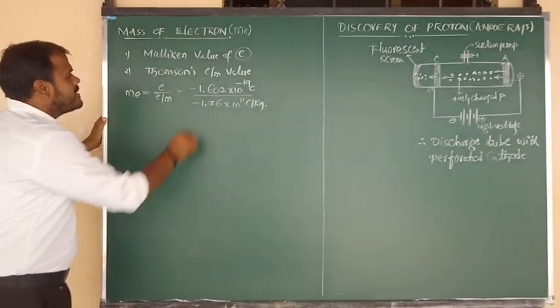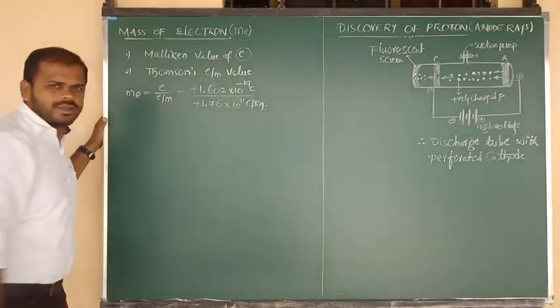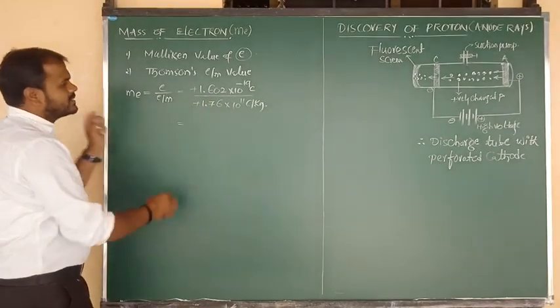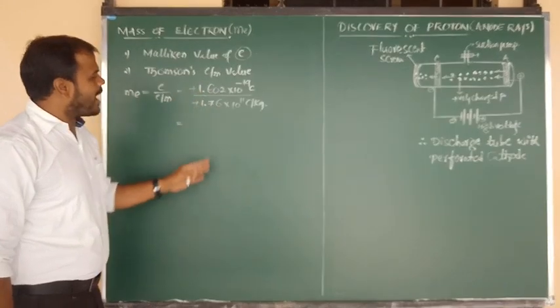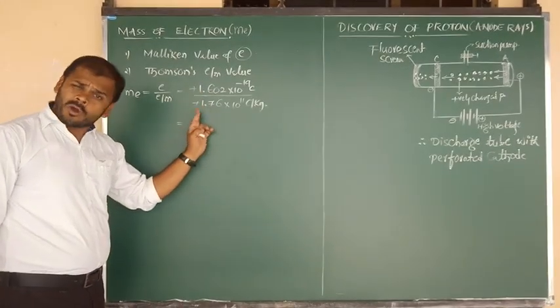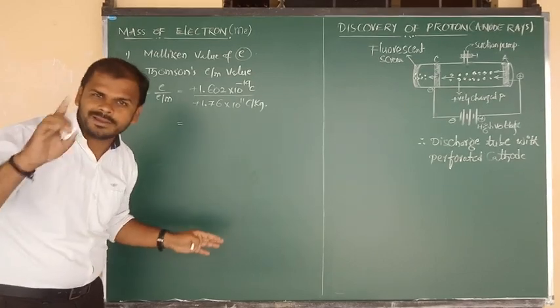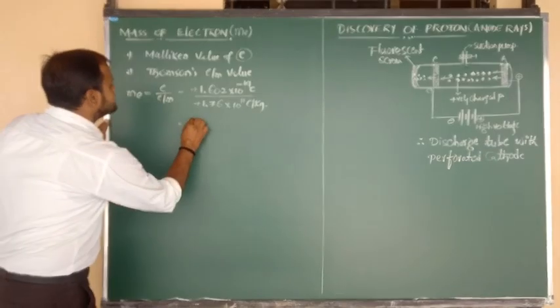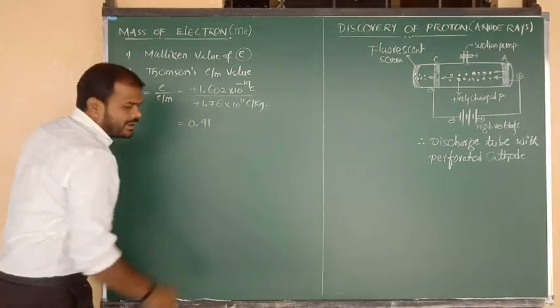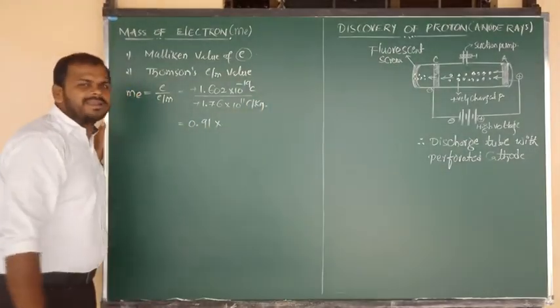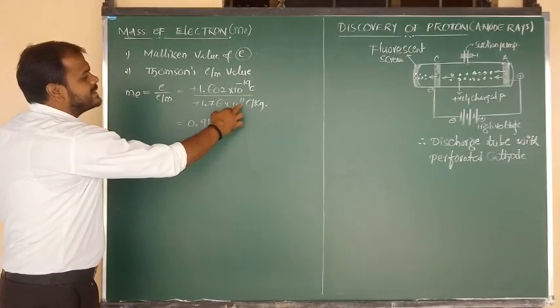Okay beta. Now the minus signs are going to be cancelled. Remaining is 1.6 divided by 1.76, nearby 1.8, so it cannot be cancelled by one time. We can consider that as 0.91 times. The coulombs get cancelled, and remaining is 11.